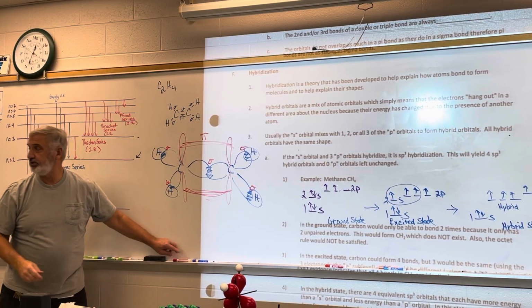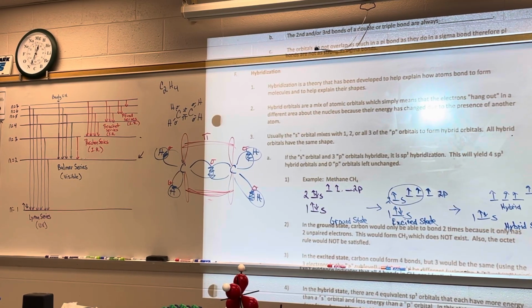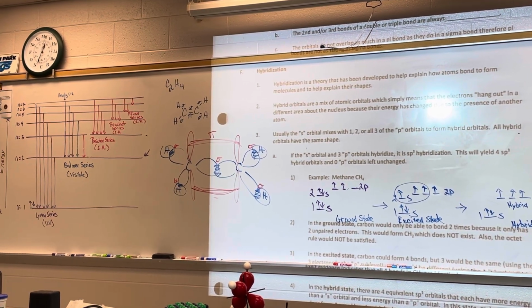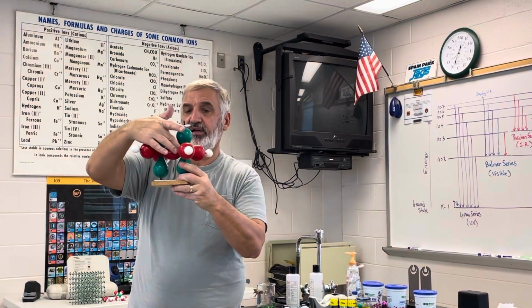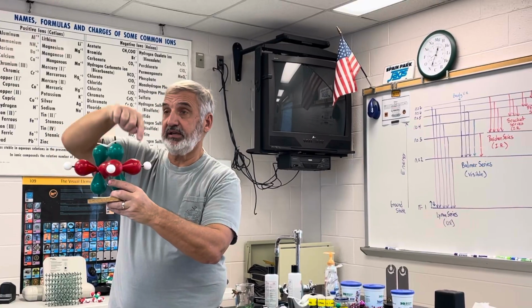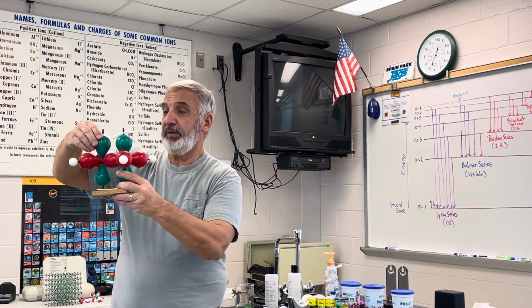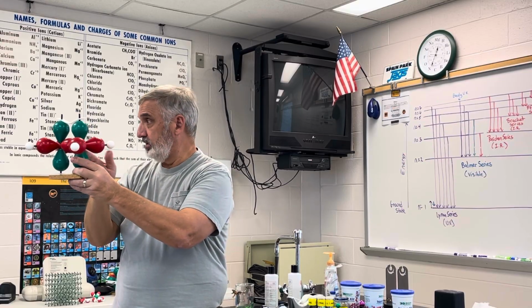So when you look at that, it's going to look like this. Here's your carbon and carbon, here's your sigma bond between the two carbons, the other sigma bonds, and your pi bond, the overlap of the p orbitals side to side.